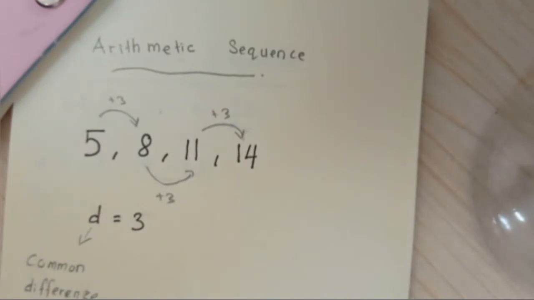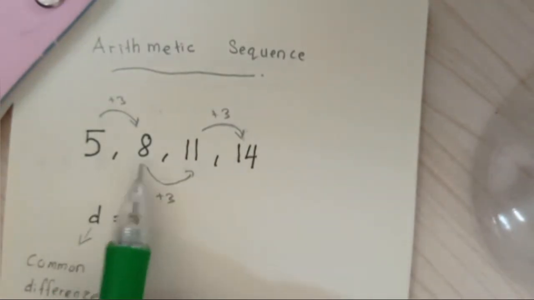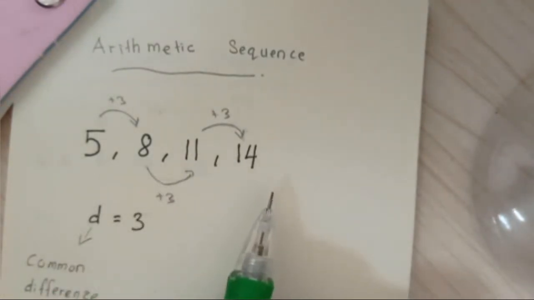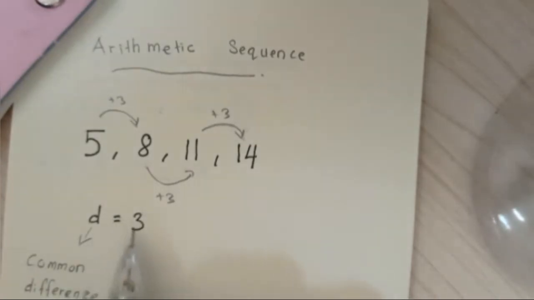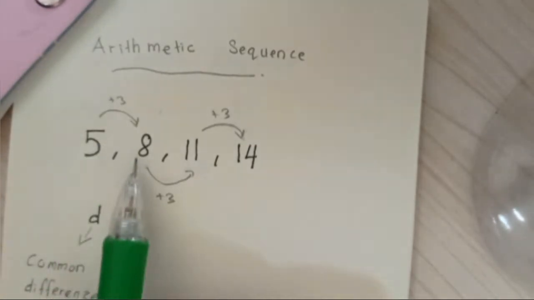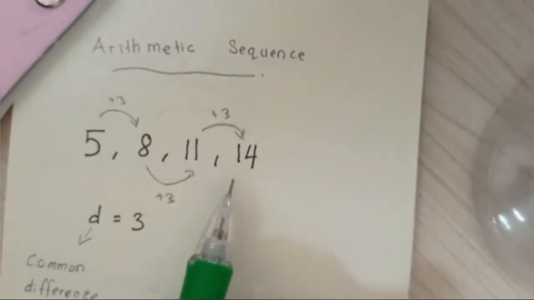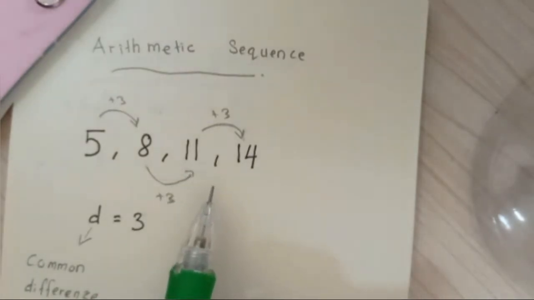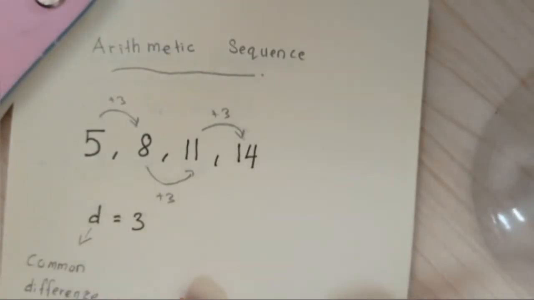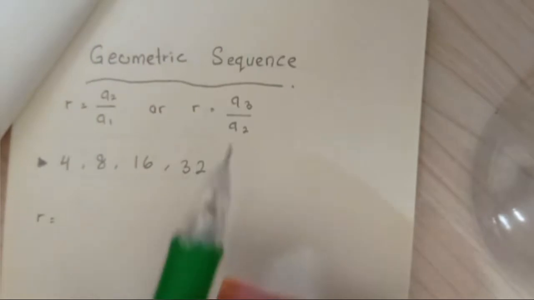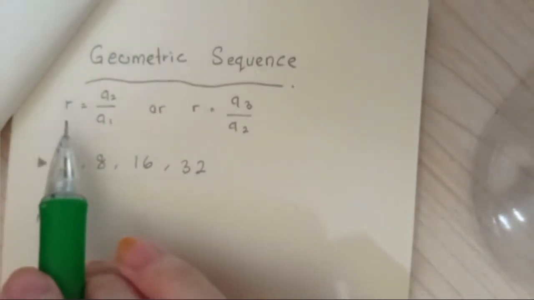In an arithmetic sequence, let's say we have 5, 8, 11 and 14, and this has a common difference of 3, where 5 plus 3 is 8, 8 plus 3 is 11, 11 plus 3 is 14. In a geometric sequence, it also has something like a common difference, but it is called the common ratio, where the letter is r.